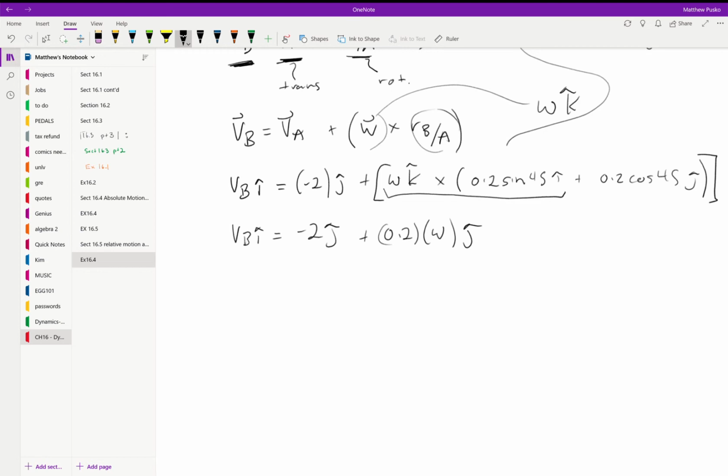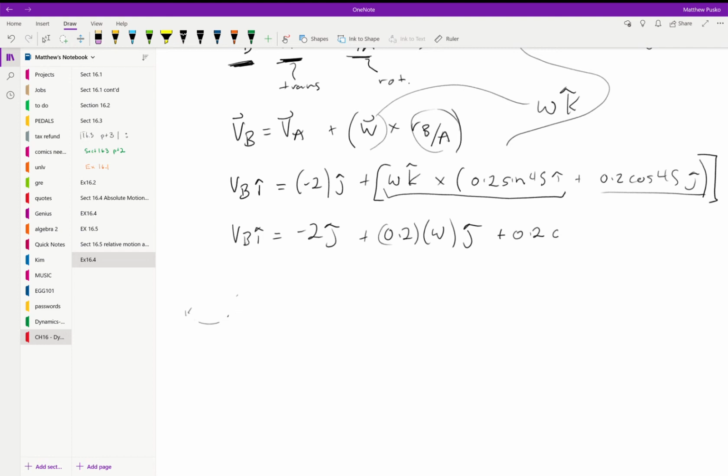Okay, now omega k crossed into this term, k crossed into J, I, J, K. K crossed into J will give us a minus I. So I get a negative 0.2. I think I should have a positive. Hold on, let me check. Yeah, it should be positive.